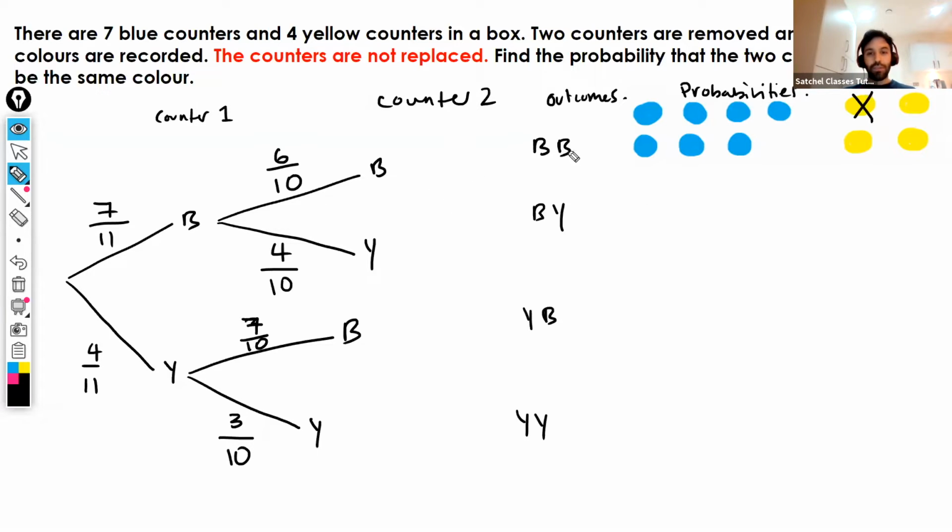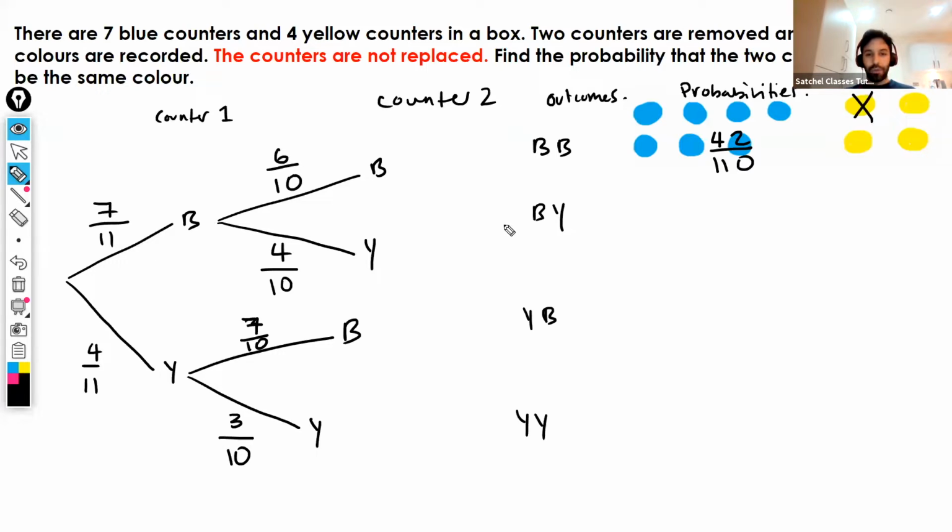And the probability of blue, blue, well, that's going to be 42 over 110. And what we've done is 7 over 11 multiplied by 6 over 10. So we have to multiply the top and the bottom, the numerators and the denominators.